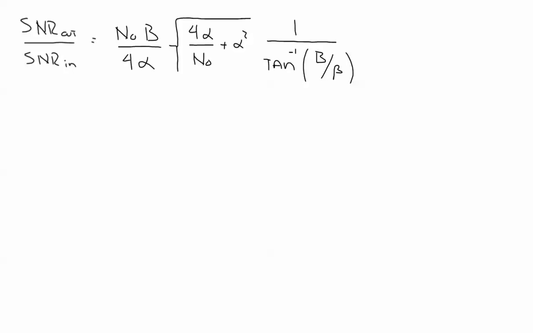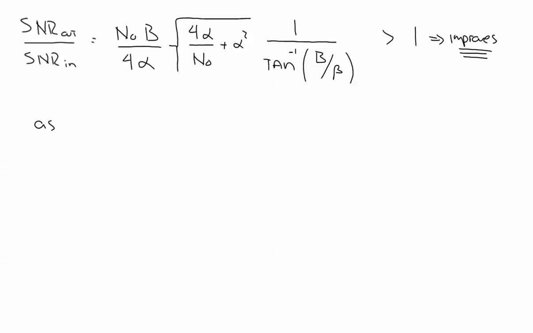I'm going to leave beta there for just a second. Turns out that if you plug in reasonable values here, this will always be greater than 1, meaning that the signal-to-noise ratio improves through optimum filtering. Okay, that ratio of output signal-to-noise ratio to input signal-to-noise ratio is always greater than 1, meaning that I've improved the clarity of my message. All right.